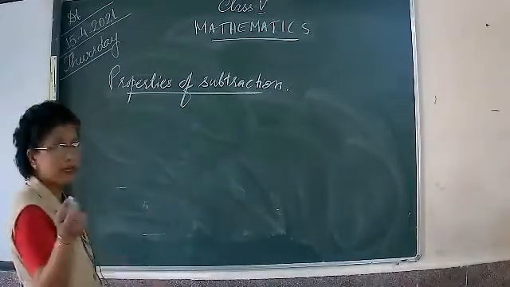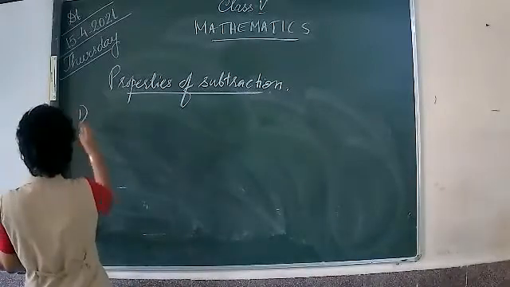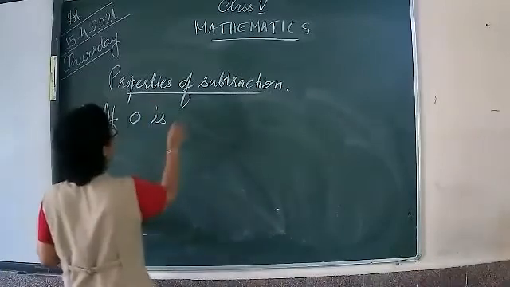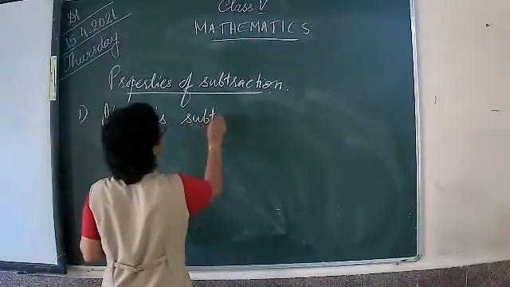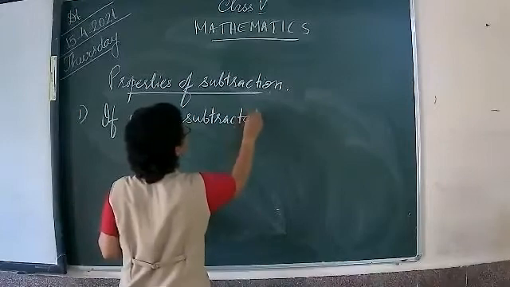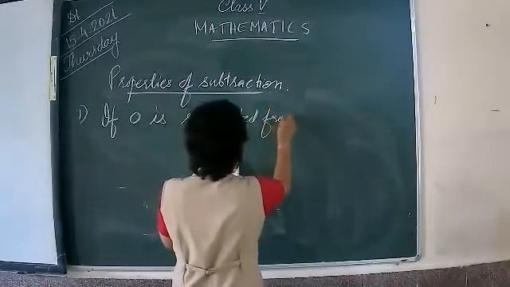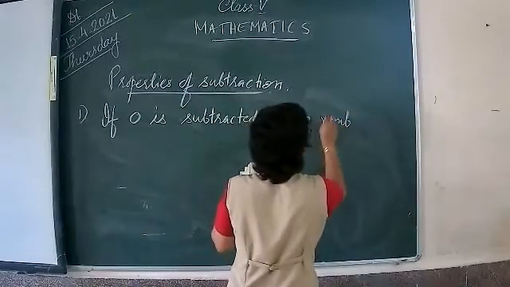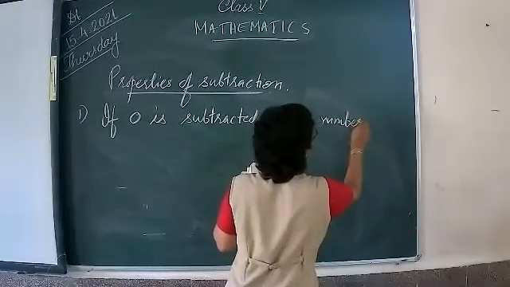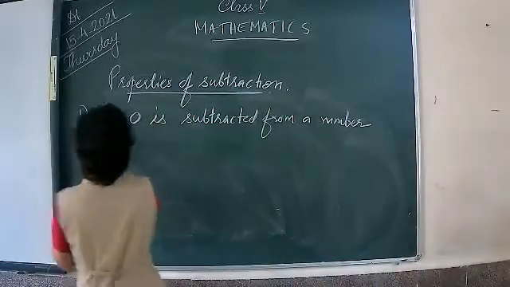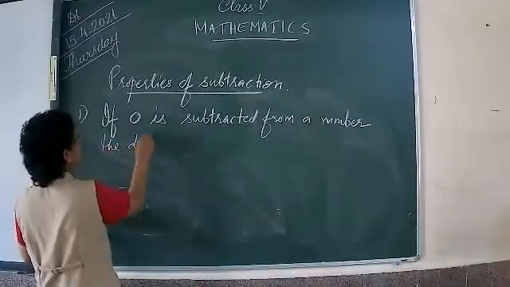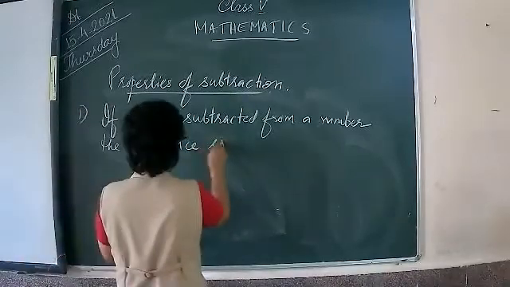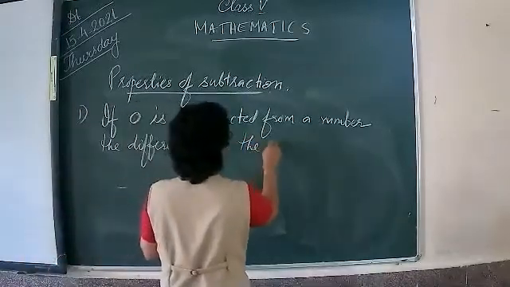First property I'll write there, you also write. First property, if 0 is subtracted from a number, the difference is the number itself.